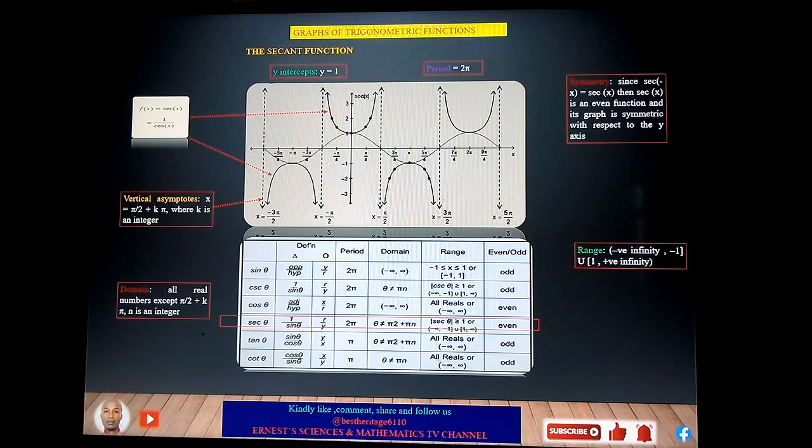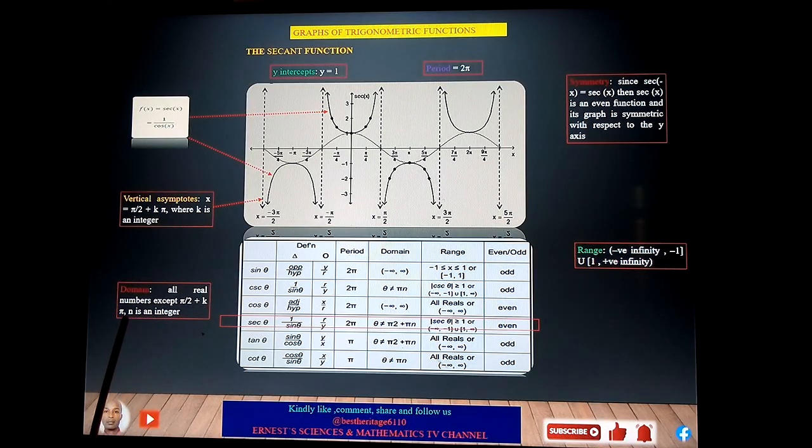Now, the graph of the tangent of theta that we had seen also displayed this aspect of vertical asymptotes at various points. So for the secant of theta, the domain is going to consist of all numbers except pi over 2 plus k pi, where k is an integer.